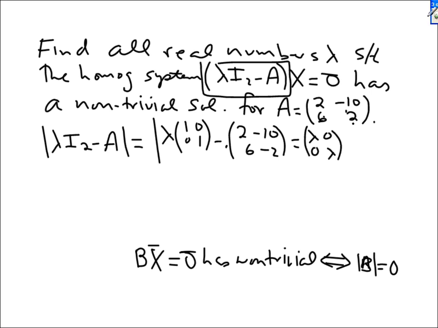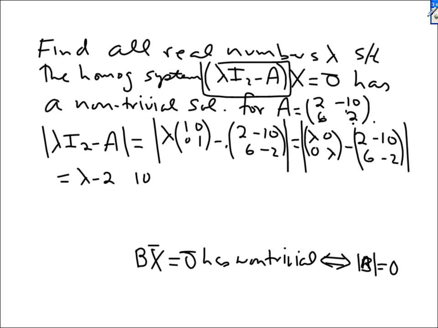So we want the determinant of this minus A, which is this matrix. And this gives us lambda minus 2, 10, negative 6, lambda plus 2. I want this here equal to 0. This is exactly the equation we're going to solve.